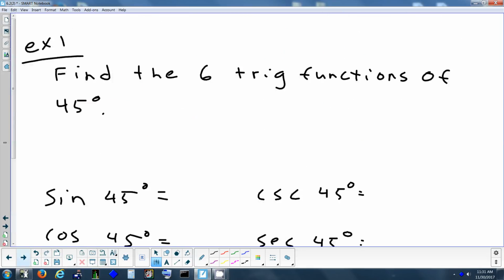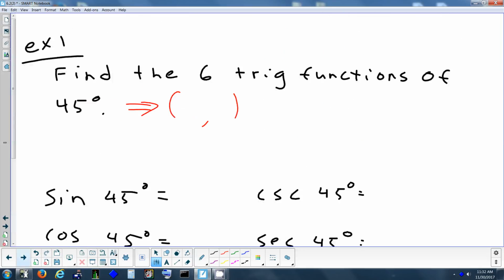Okay, so I want to find the 6 trig functions of 45 degrees. They gave me an angle. What's the first thing I have to do in unit circle trig if they give me an angle? I have to find the coordinate. If you can't, you're stuck. Now, rather than go through the whole picture again, we should just write it down or memorize it.